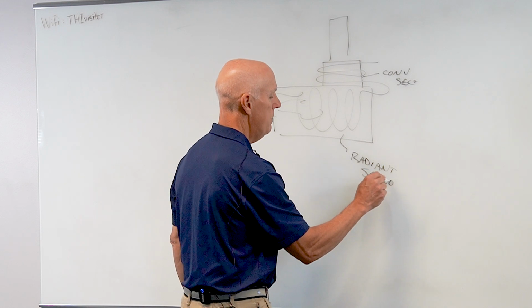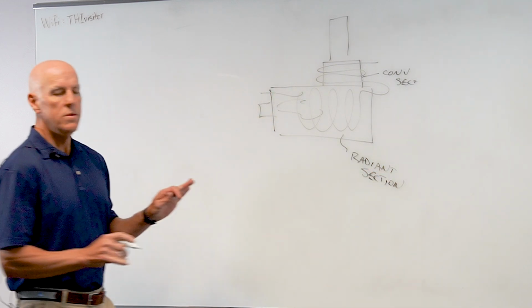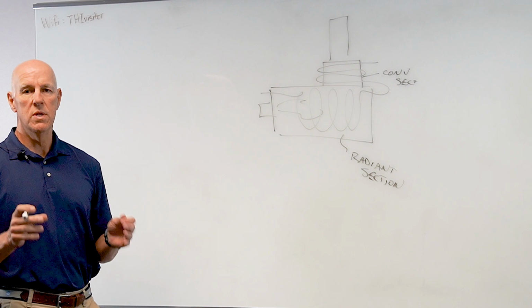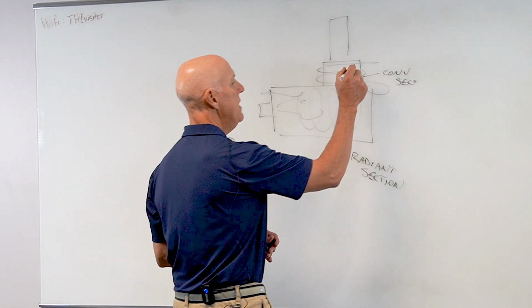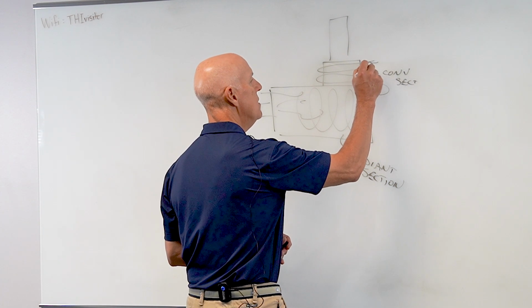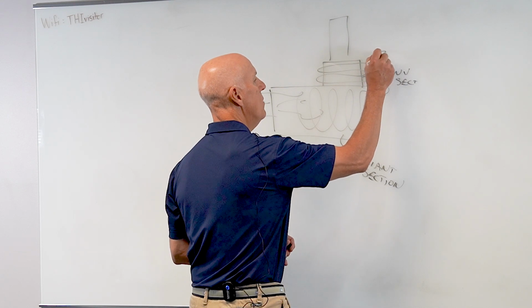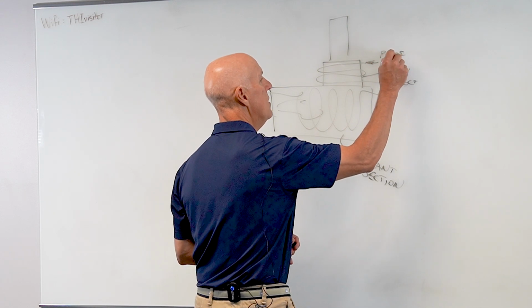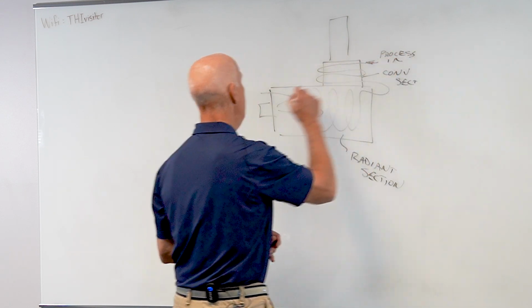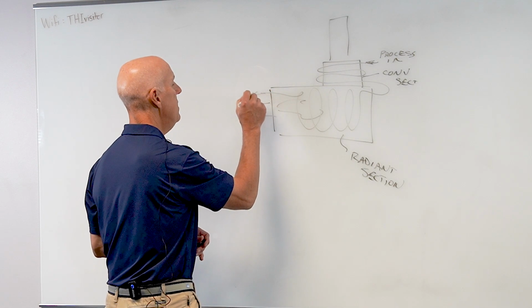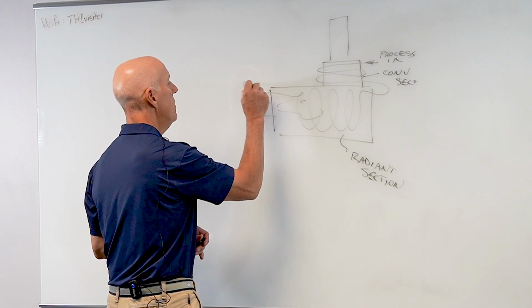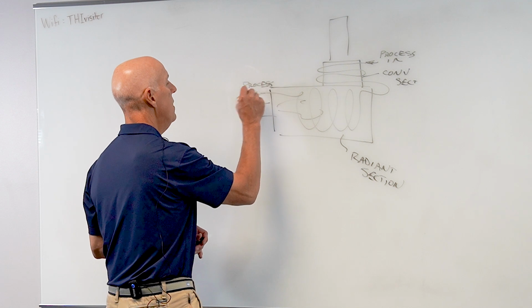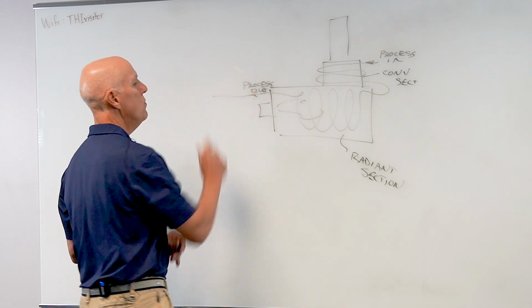All right. So there's process temperature, which is really the temperature of the fluid that you're heating. We call this process temperature, and it comes in here, process in here, and then process comes out here. And this is the fluid that we're actually heating.